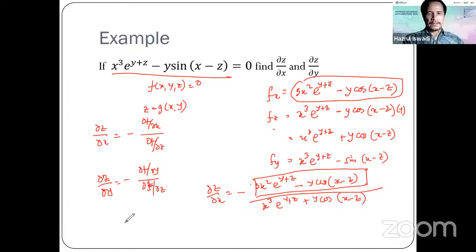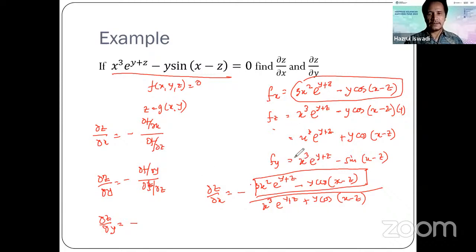Okay, the last question is ∂z/∂y, which is equal to minus. Don't forget the minus.